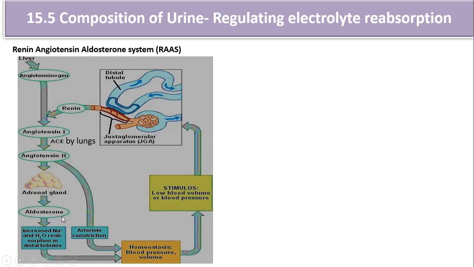Now this aldosterone is going to act on the collecting duct as well as the DCT, where there will be an increase in sodium and water reabsorption in the distal tubule. So salt concentration can be balanced with the help of aldosterone.